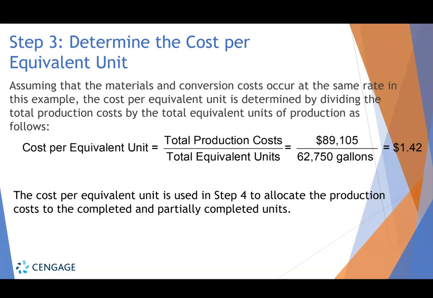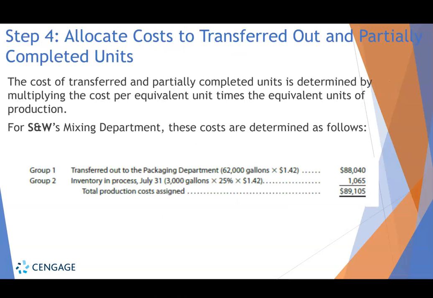How do we determine the cost per equivalent unit? We take our total cost of $89,105, divide that by our 62,750 gallons to come up with our $1.42 cost per equivalent unit. The cost of transferred and partially completed units is determined by multiplying the cost per equivalent unit times the equivalent unit of production.